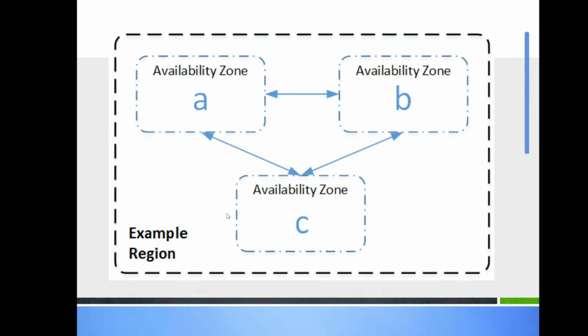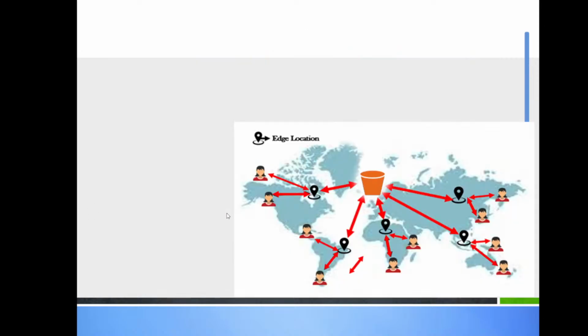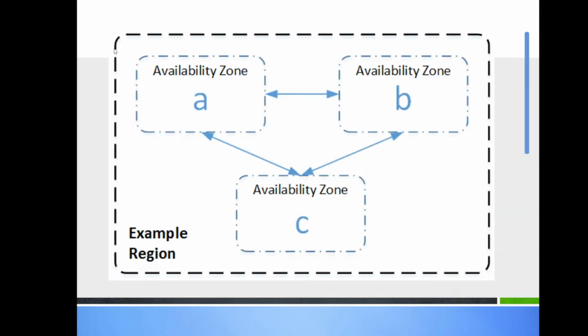A group of availability zones is called a region. There should be at least three availability zones in a region, and they are connected to each other.